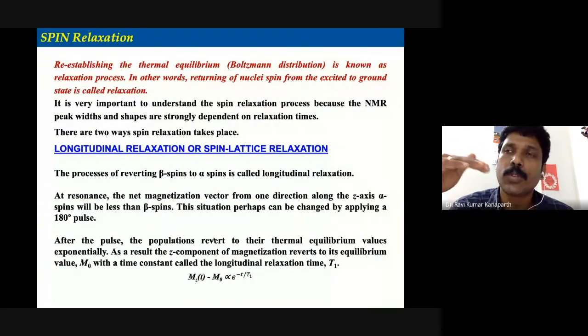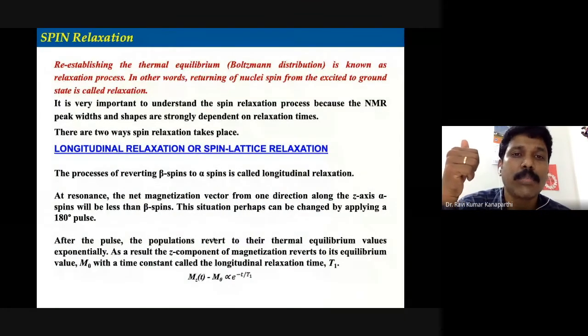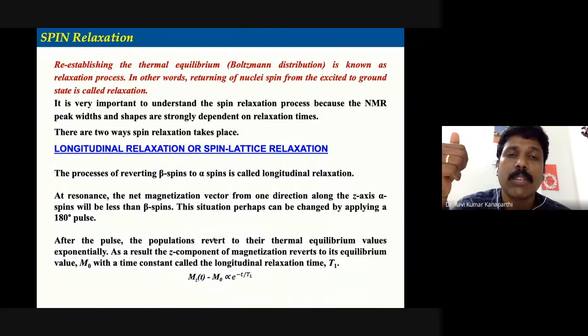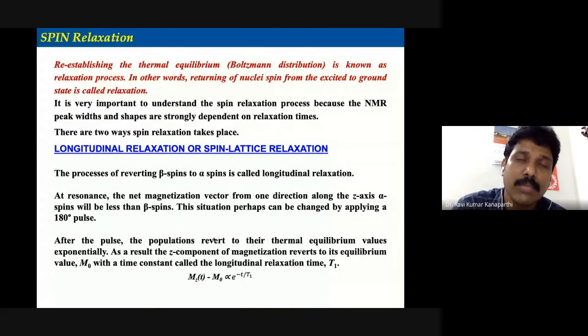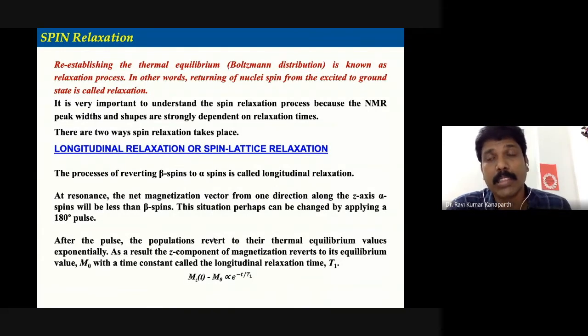So in the usual case, we have more alpha spins. Okay, in a normal situation at thermal equilibrium, we have more alpha spins and fewer beta spins. That is why we have a net magnetization vector. That is before applying the radio frequency. But after applying the radio frequency, the situation changes.